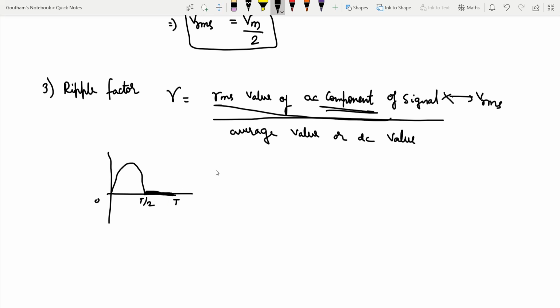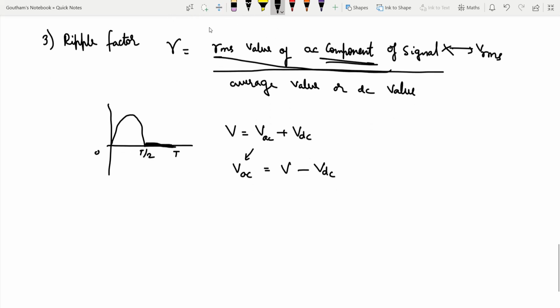Now, any given voltage V has both components, AC and DC. So the AC component of the signal is nothing but the entire signal minus the DC component. What are we supposed to find out in order to find the ripple factor?